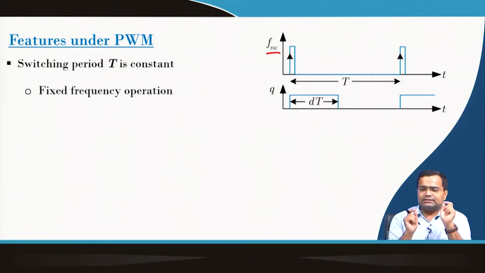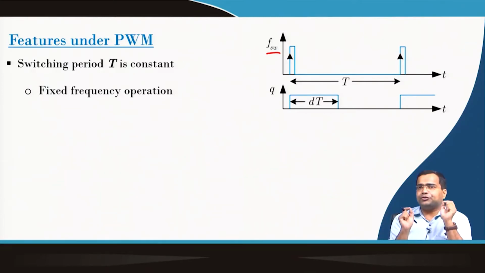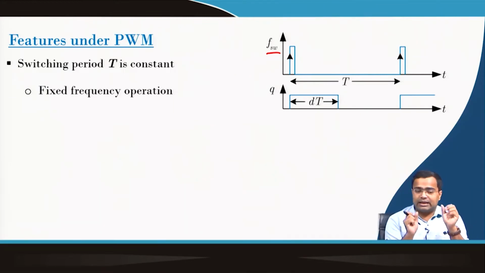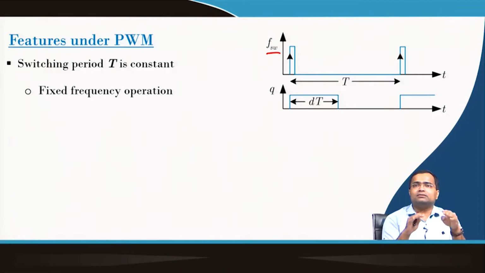In some cases, these clock jitters are intentionally introduced, and that is known as randomized pulse width modulation. This randomized technique is intentionally applied in order to spread the spectral component, because we also want to meet EMI compliance.